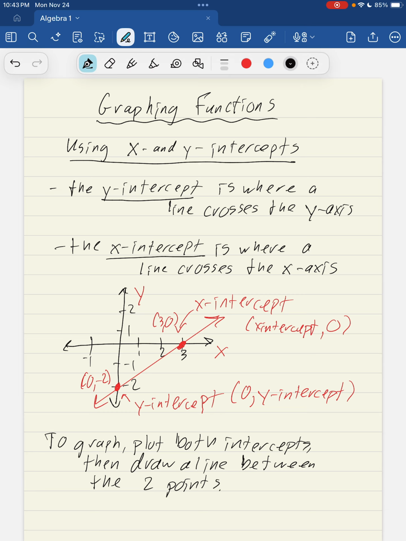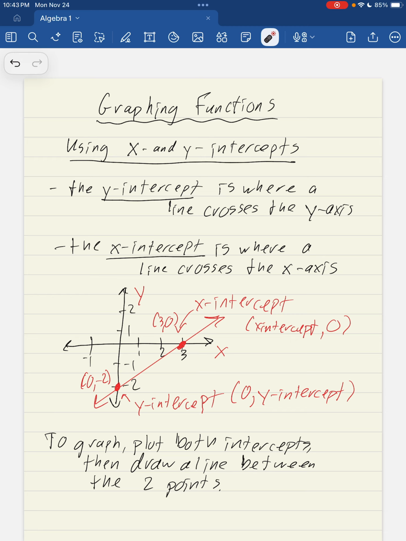So graphing with intercepts, the main deal is you need to find the y-intercept, put a dot wherever that is, and the x-intercept wherever that is. When we did this graph, we put a dot at -2 and a second dot at 3 on the x, and then we just drew a straight line between the two. Graphing with intercepts is pretty smooth.